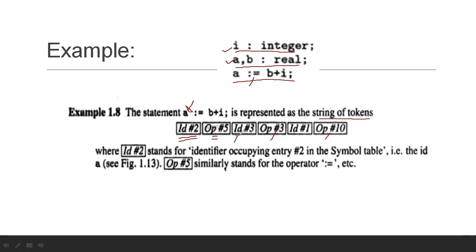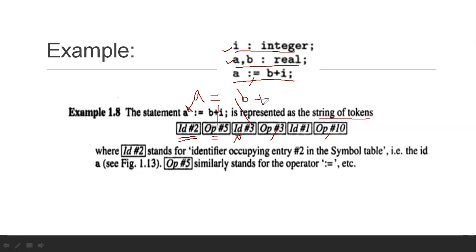So next is ID hash 3. What is ID? ID is a class. Hash 3 is a number. ID is a class of identifier which is present in the symbol table at location 3. So what is present at location 3 in the symbol table? B. What is present at location 2? A. What is meant by OP? Equal to. A equal to B. What is meant by OP hash 3?